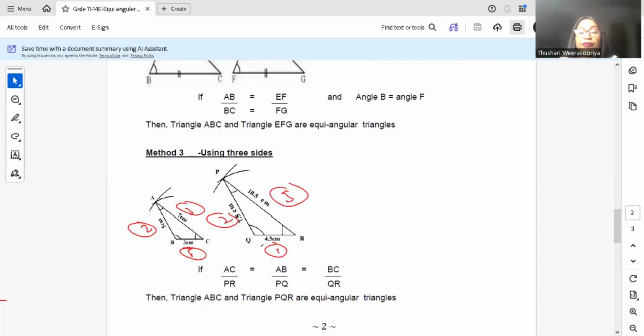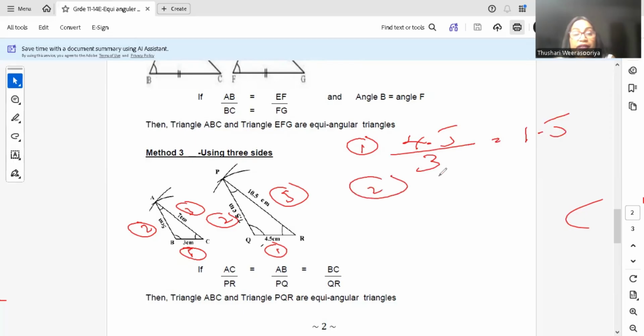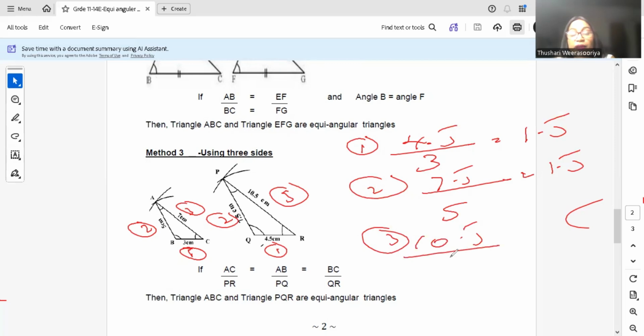Now I'll take number 1: 4.5 divided by 3, that is 1.5. Second one, 7.5 divided by 5, that is 1.5. Third one, 10.5 divided by 7, that is 1.5. All the sides are proportional. Then we can say the two triangles are equiangular triangles.